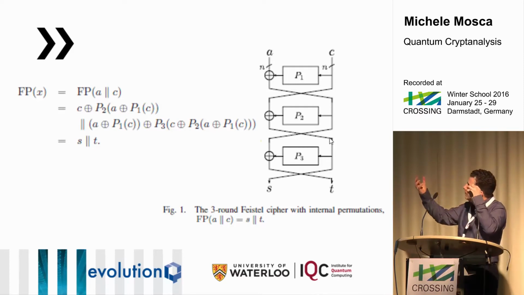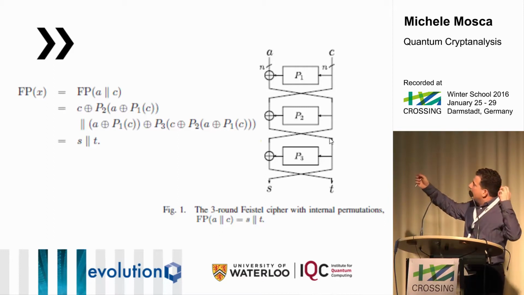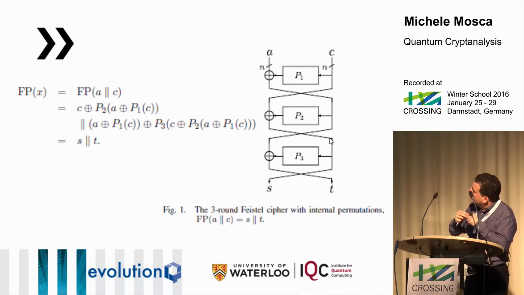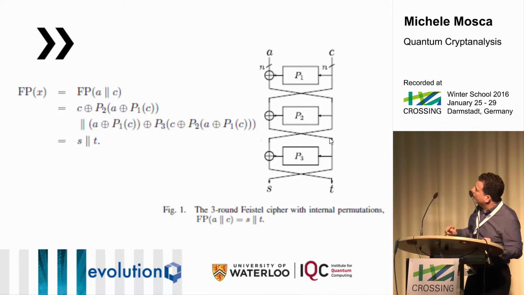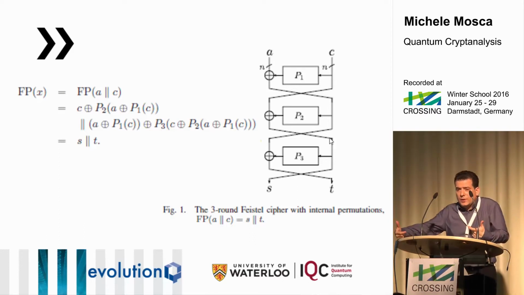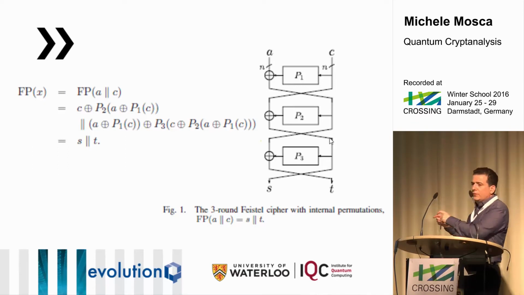So it's a classic way of building up these ciphers where you permute the first n bits, and then XOR it with the bits on the left-hand side, and so on. You cycle through this and you output 2 n-bit strings. So you have 2 n-bit strings at the input, 2 n-bit strings at the output. That's a permutation of some sort. And that's a permutation corresponding to this 3-round Feistel cipher with internal permutations.